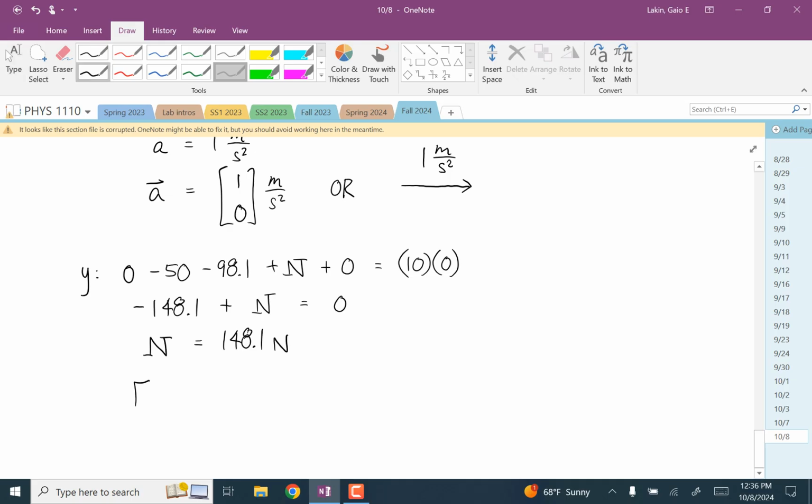And we get that the force on the cart by the ground is 0, 148.1. Or in other words, it's in the positive y direction with a magnitude of 148.1.